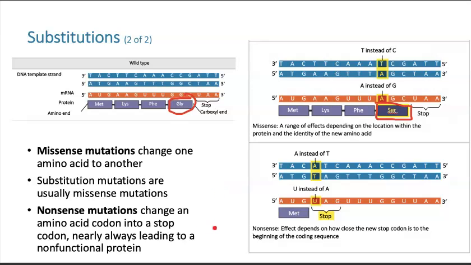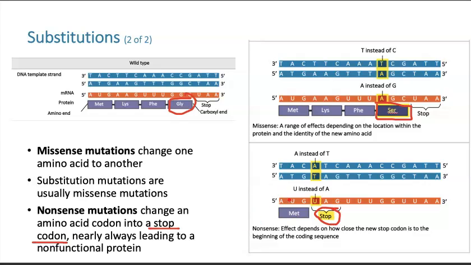The next one is very interesting. It's a nonsense mutation. A nonsense mutation happens when you change an amino acid codon into a stop codon. What we're doing is changing our second amino acid in this sequence, and the mRNA was AAG, but we're substituting that first A, and now it's UAG, and UAG is a stop codon.